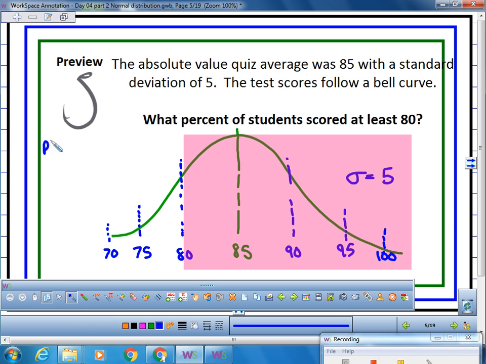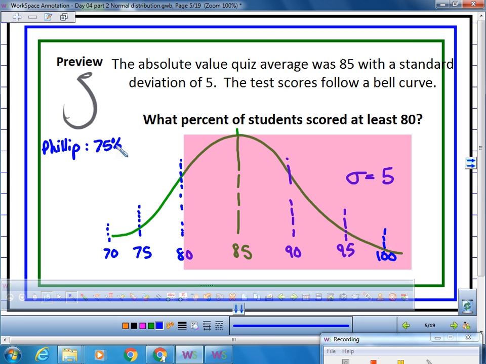Philip says what? 45%? 25%? Scored more than 80? 75? Sydney said 86.